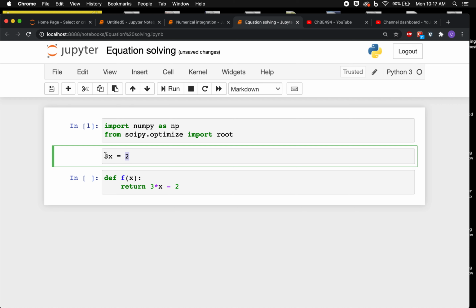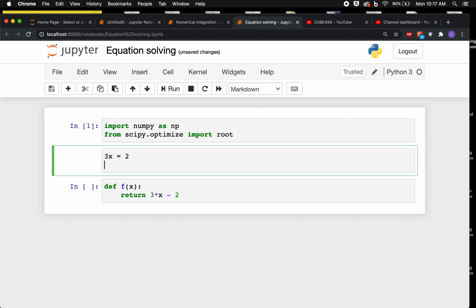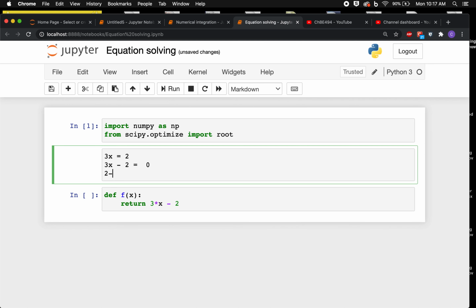Now, if you were to design an algorithm to solve it, you would have to have an input for what's on the left of the equality sign and also what's on the right. So it's simpler to rewrite this equation as 3x minus 2 is equal to 0, or 2 minus 3x is equal to 0.